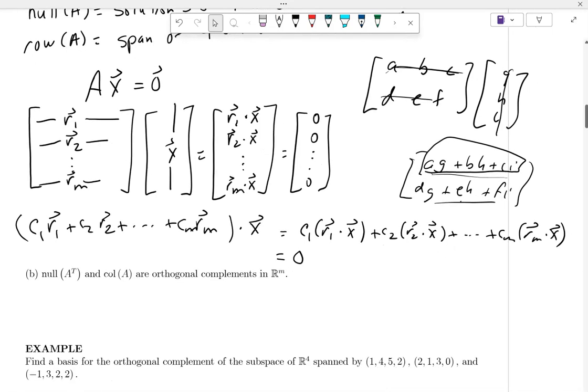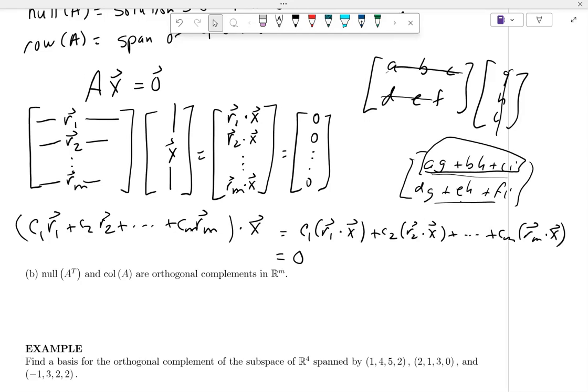If the null space of A and the row space of A are orthogonal complements, why do I know I get the orthogonal complement of the column space by doing the null space of A transpose? Sure.